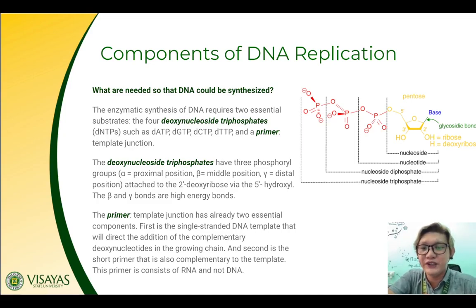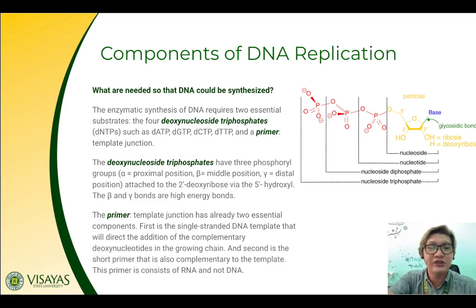They have three phosphoryl groups: the alpha, the beta, and the gamma, that is attached to the 2' deoxyribose via the 5' hydroxyl. Now, the prime here refers to the position of the carbon, so that they will be distinct from the carbon that is found in the base. You should remember that.